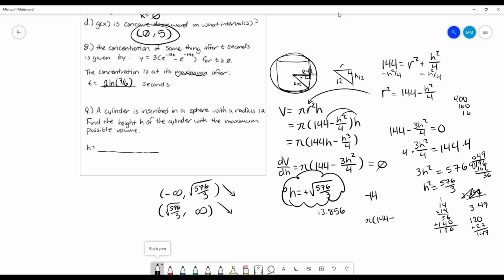I feel like I've made an error, but I don't know where. This is the volume, right? You're supposed to plug that back in, and then take the derivative. Might just be that the radius I came up with isn't one that works well for this, but it doesn't make sense because it totally should.